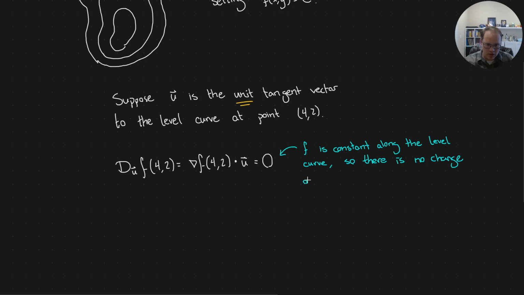There's no change of function f in the direction of u. Okay? And I know that the u I'm looking for, dotted with the gradient, is going to be 0, which means these two have to be orthogonal. Remember, the dot product of two vectors is 0 if and only if the vectors are orthogonal.